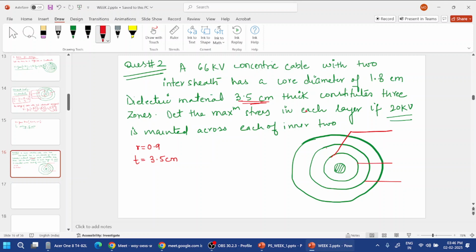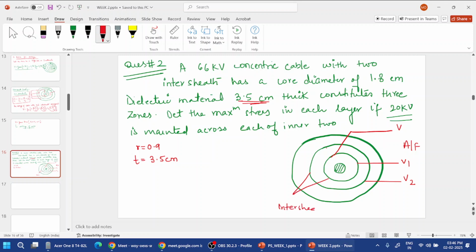This is V1, this is V, and this is V2, and they are connected to an auxiliary transformer. So this is the diagram. Now these two are intersheaths.